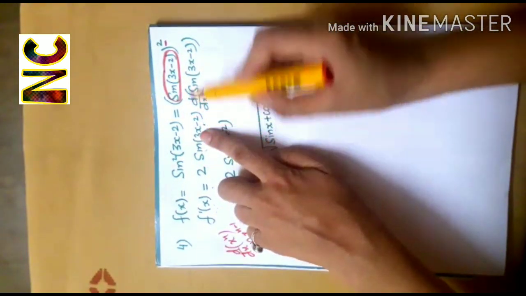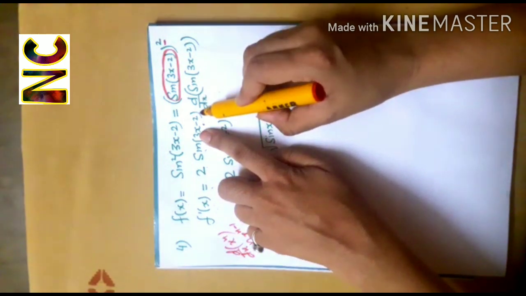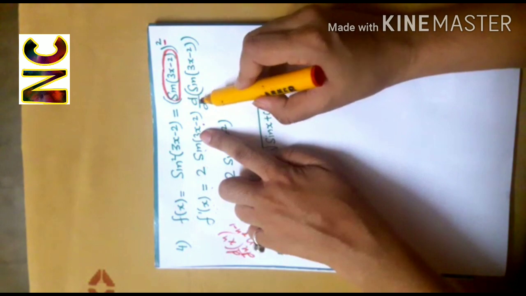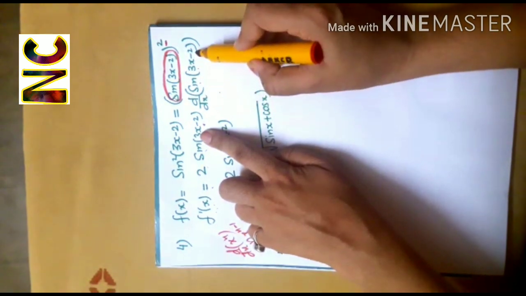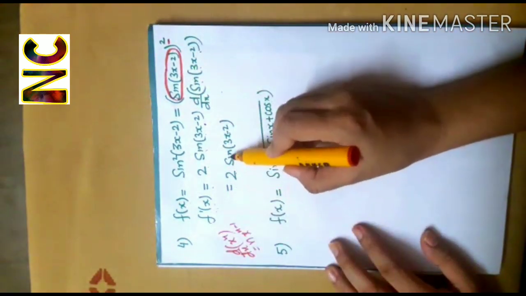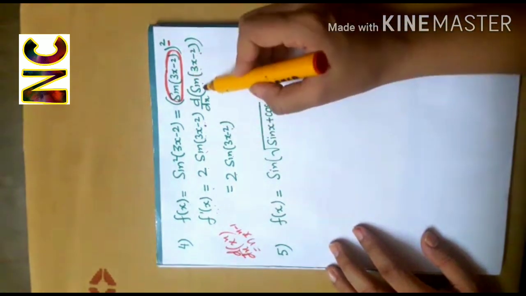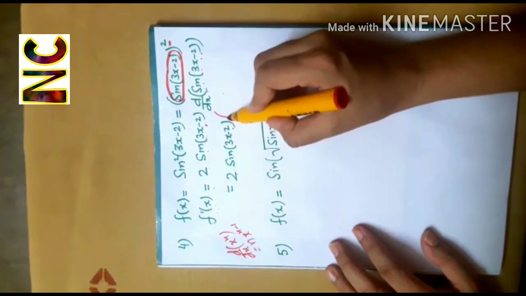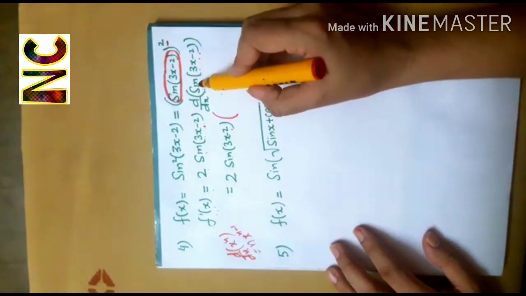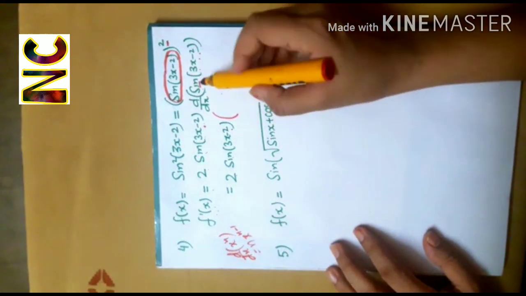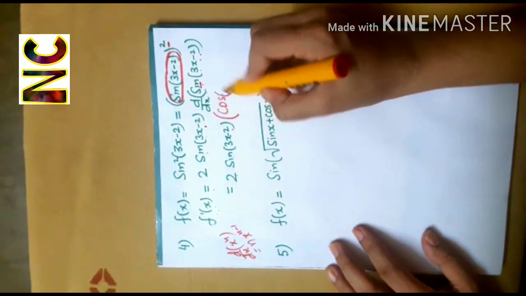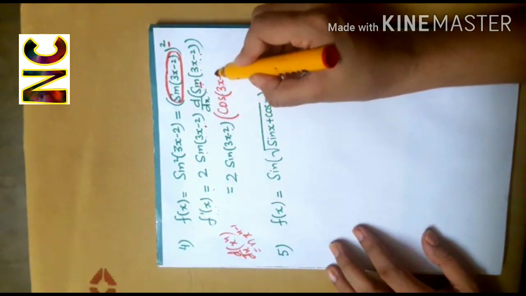Now the chain rule says multiply it with the derivative of the inner function, that is the derivative of sin(3x − 2). So it will be 2 sin(3x − 2). Now again, it is a composition of two functions. So first find the derivative of the outer function. The outer function is sine, so its derivative is cos, and do not change the inner function.